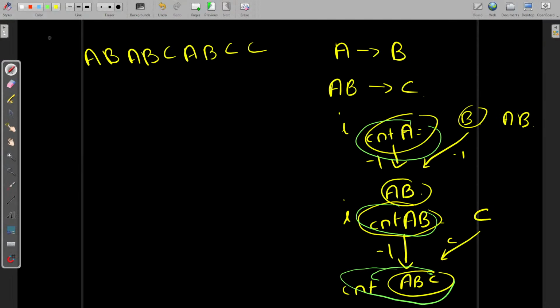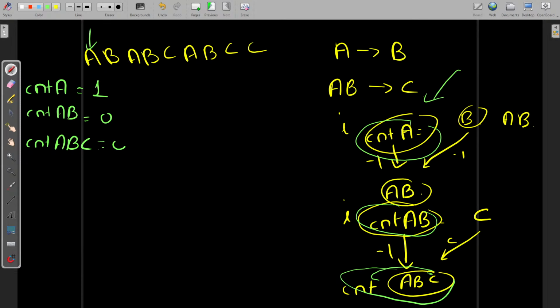So we will just do the same thing here. We will keep some variables: count A, count AB, and count ABC. So first, let's go over here. We see we have an A over here, so I will increment count A by 1.